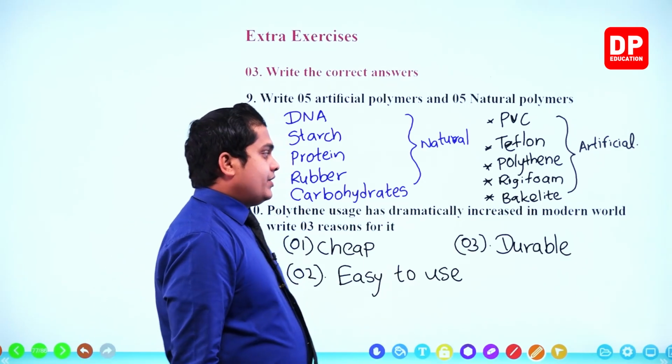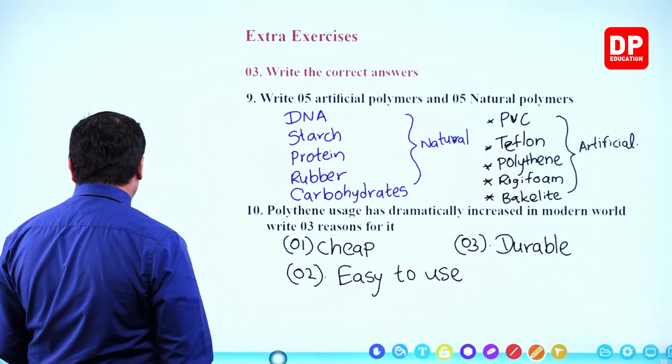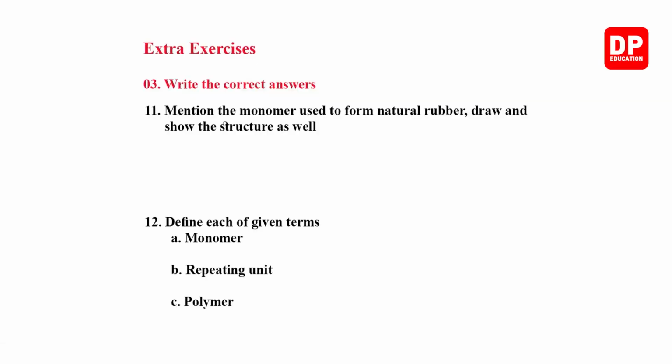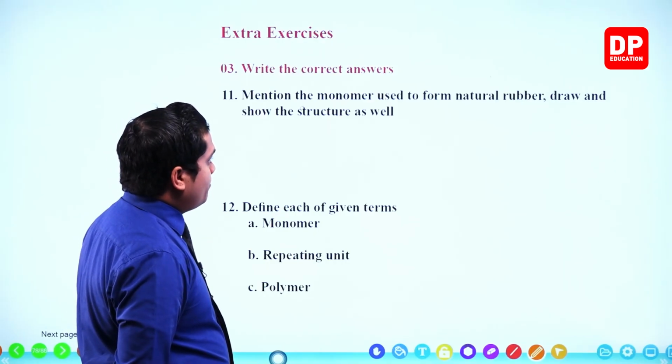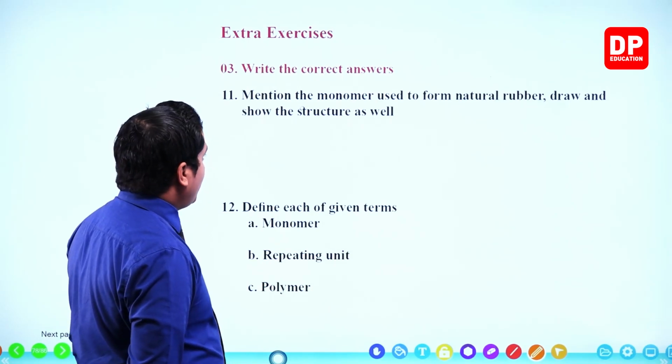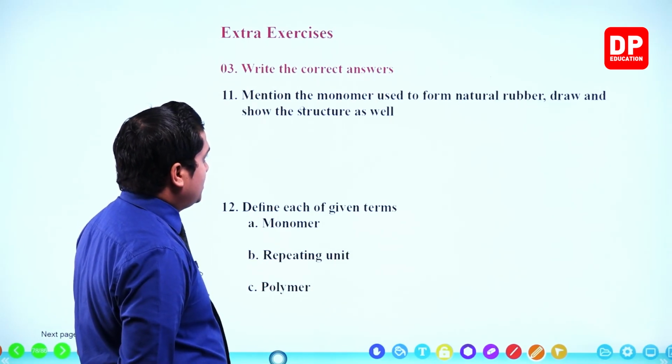Okay, right. Then the next one, question number 11. Mention the monomer used to form natural rubber. Draw and show the structure as well. Right.